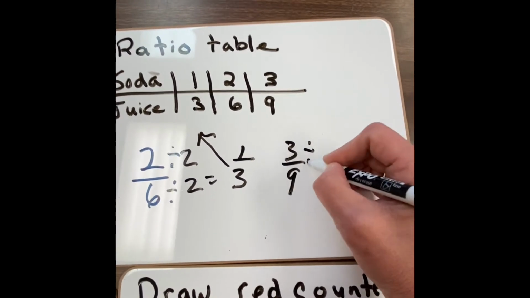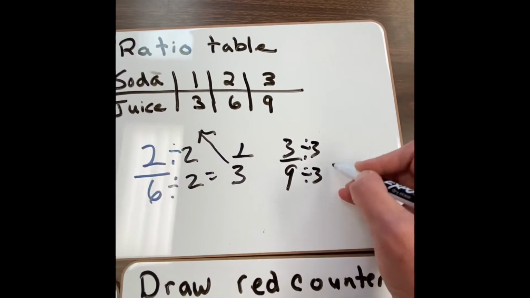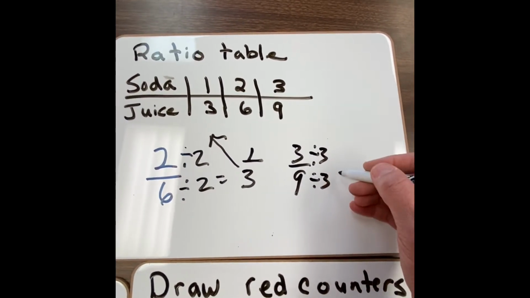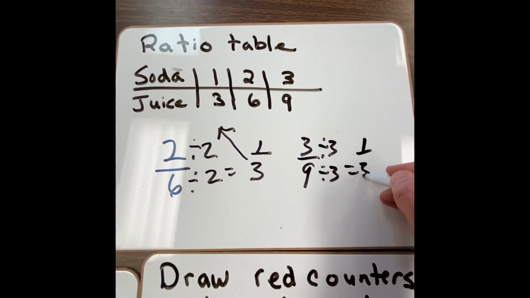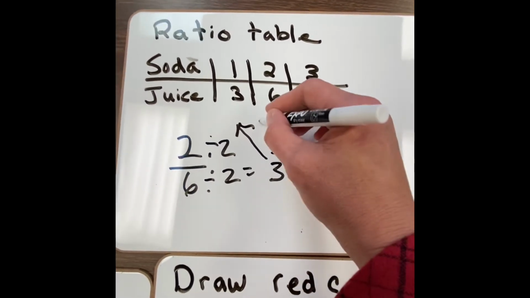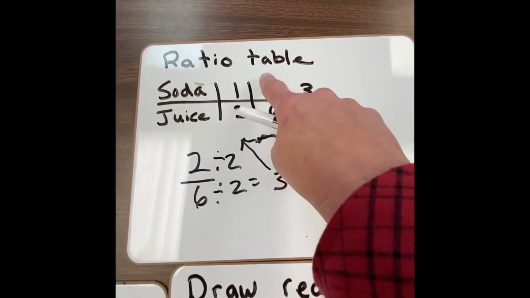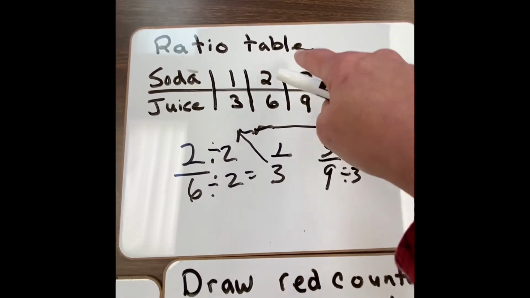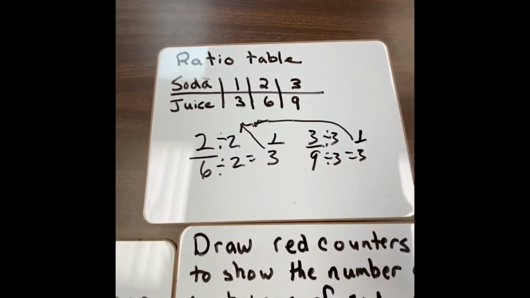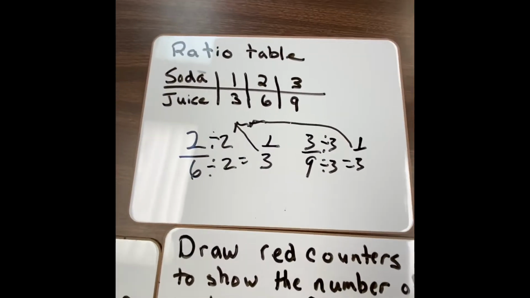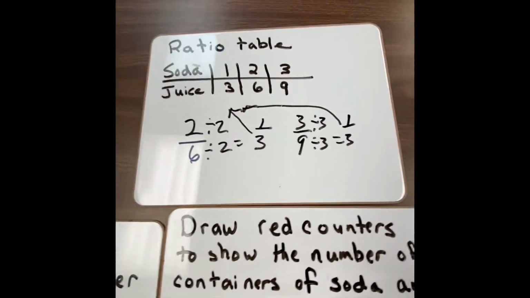If we divide it by 3, the number of batches we made, 3 divided by 3 is 1. 9 divided by 3 is 3. It takes you back to the beginning. So that is why 2/6 and 3/9 reduce back to 1/3, which makes them all equivalent ratios. Okay?